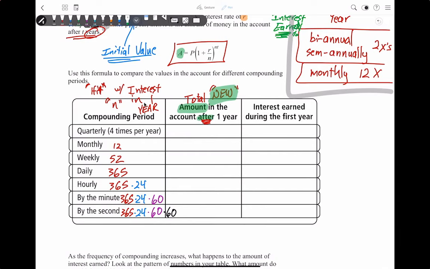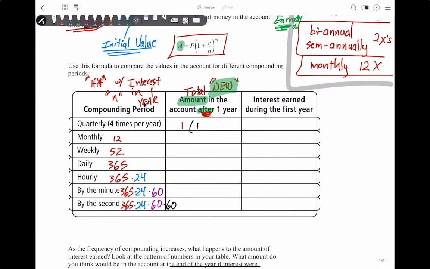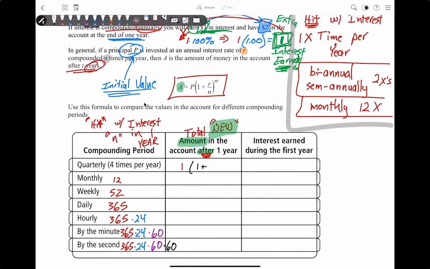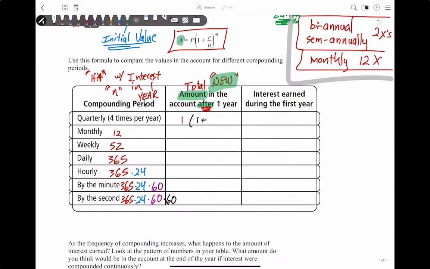Let's write this out. We know we started with $1, so I'll start that with red. And we know this will always start at 100%, so this is going to be 1 plus the interest rate, which in this one was 100%. This R value is always going to be written in decimal form, a decimal that represents the interest rate.